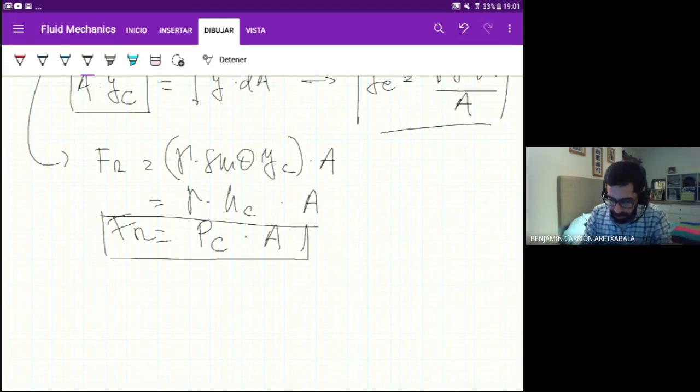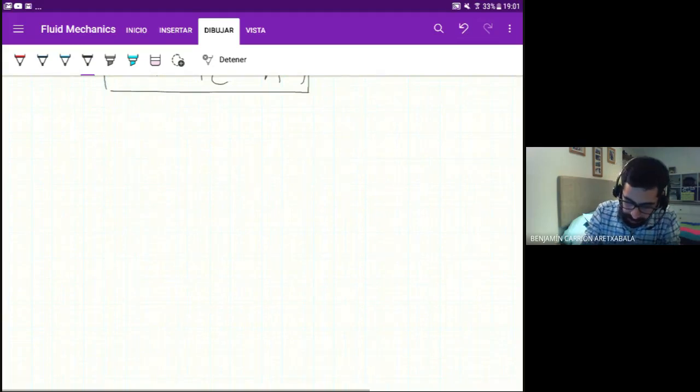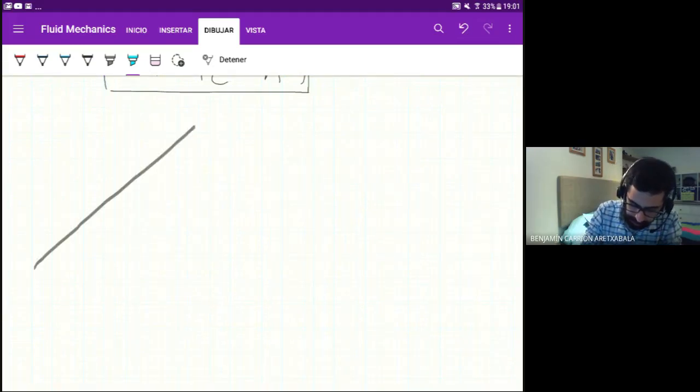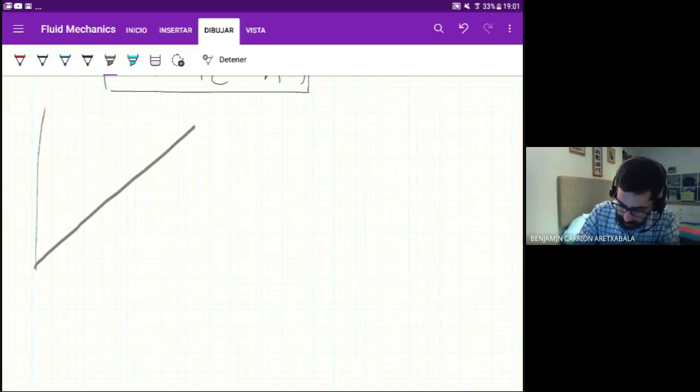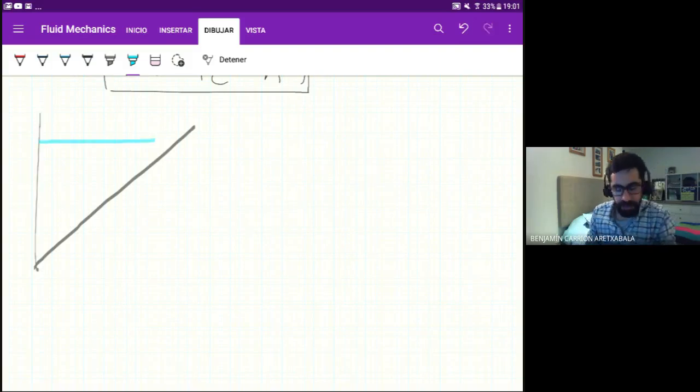But what happens, for instance, in this case? Let's say you have a wedge, like I was asked recently. Let's say you have a funny pool, which has this shape.